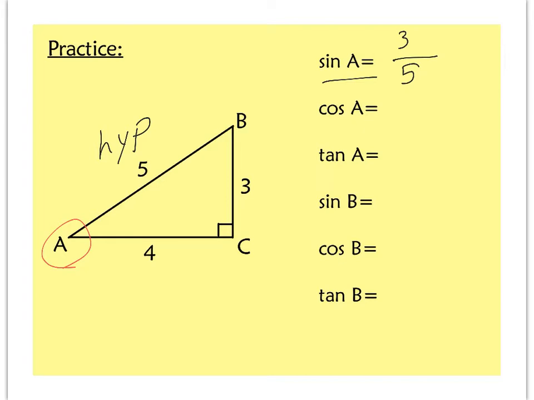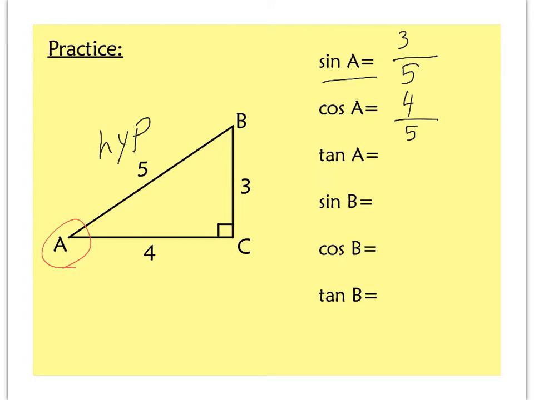This time we're still using our hypotenuse, but we're using the adjacent side instead. So the cosine of A is going to be the adjacent side, 4, over the hypotenuse, which didn't change, is still 5. The setup on these ratios is real simple. What people tend to get confused on is the solving part, and we're going to get to that, but one thing at a time.